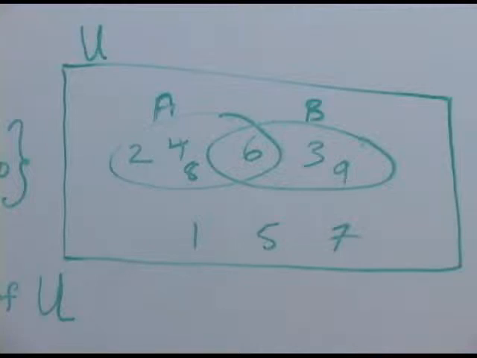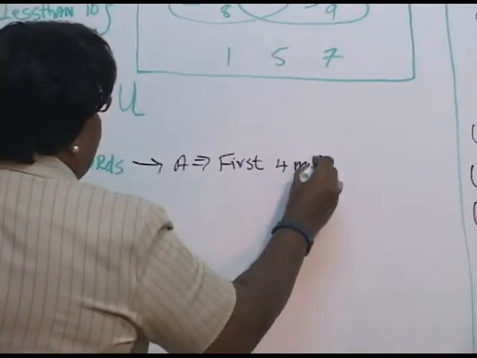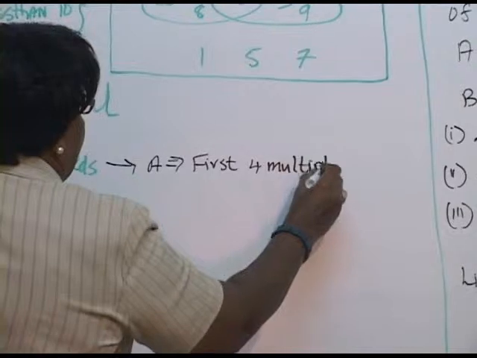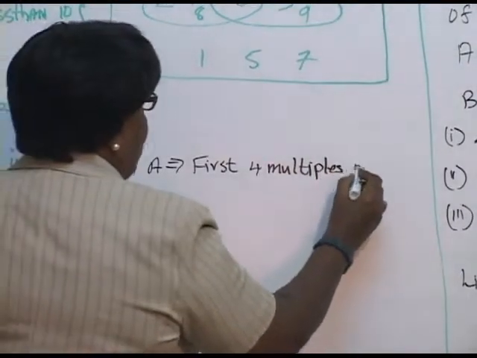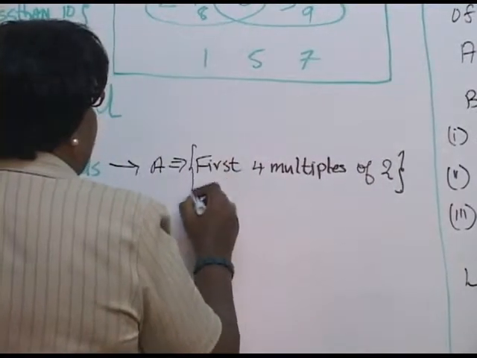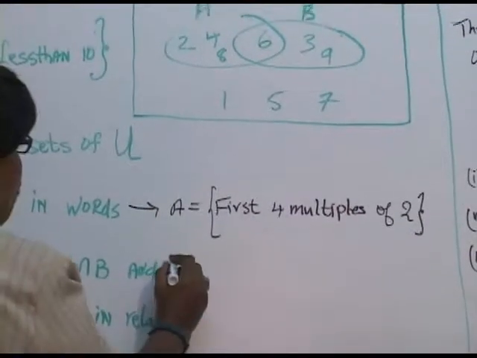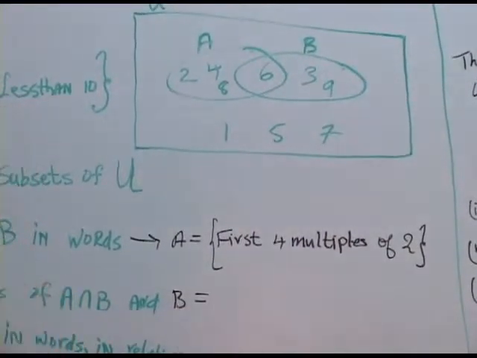So the set A, we could describe A as the first 4 multiples of 2. So that we can say that is our set, okay? So that A would be equal to that. And B, what would you say that B would be equal to? We look and we're saying 3, 6, 9.